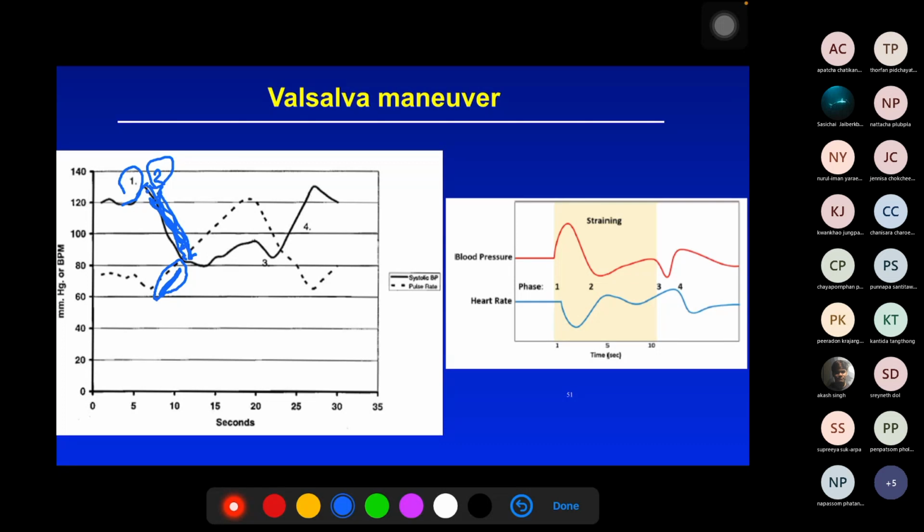The decreased blood return to the heart and decreased blood volume can separate both situations.